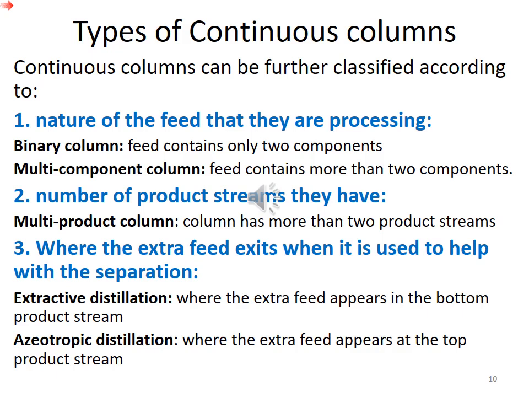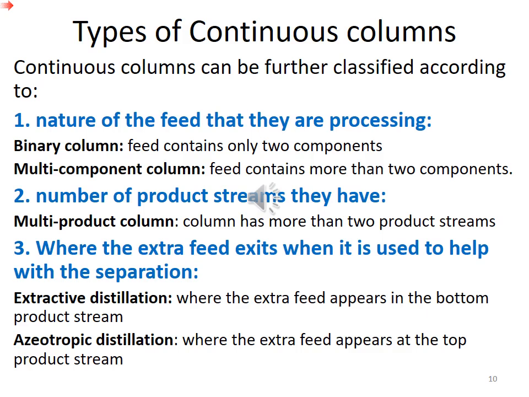And the third parameter, which is very important, is talking about the separation of the product. Number one is extractive distillation. This is the product which is retrieved from the bottom of the column.